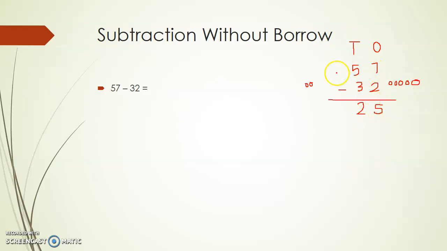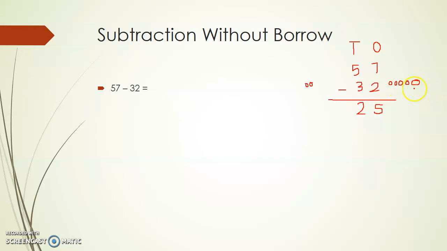Let me repeat. First we wrote this in the place value chart. 57 is 5 tens and 7 ones. 32 is 3 tens and 2 ones. To subtract, the smaller number is 2, right? We are subtracting 2. So we counted from 2 to 7. After 2, 3, 4, 5, 6, 7.